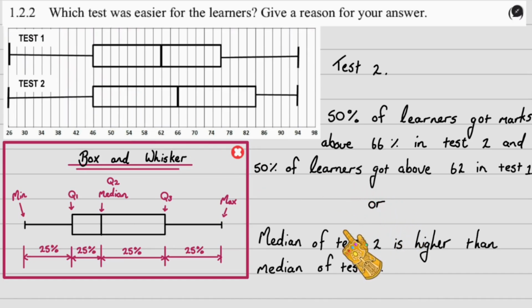And a shortcut of saying that is the median of test 2 is higher than the median of test 1, because this line over here is representative of the median in a box and whisker plot. And then 1 mark will come from this, and 1 mark will come from either one of these reasons.